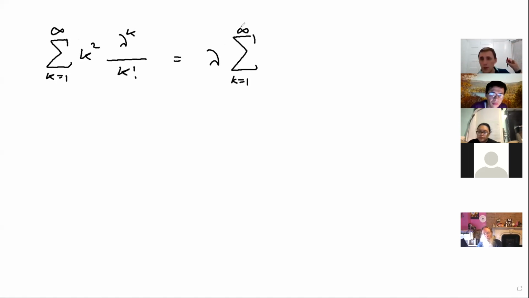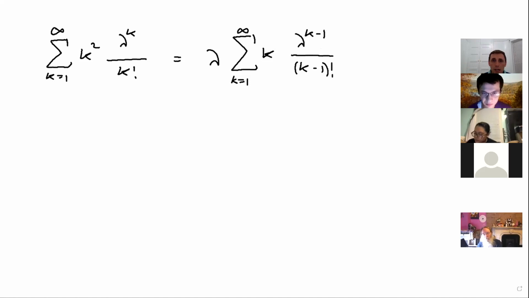And I can cross out one of the k's. Do you agree? So what do I get now? I get k. And here I have lambda to the k minus 1 divided by k minus 1 factorial. Agreed?